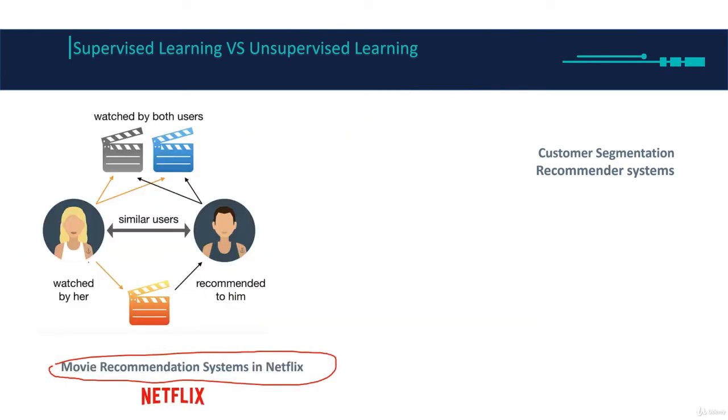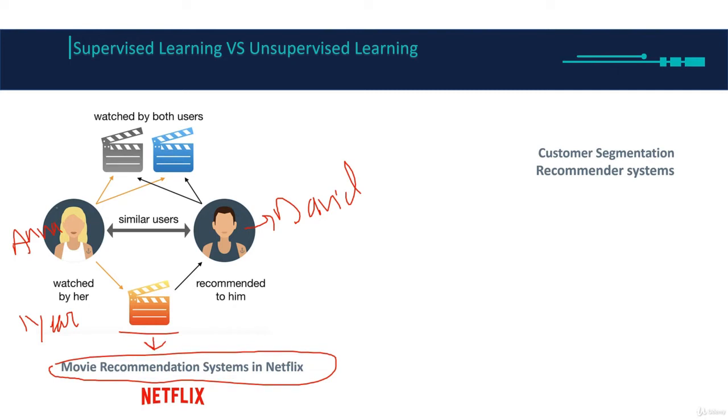Same thing here. Let's say we have Anna and David. The girl's name is Anna and the boy's name is David. Anna has been on a Netflix subscription for a whole year. So every time she watches a movie or a TV show, her watching behavior is recorded in the Netflix system.